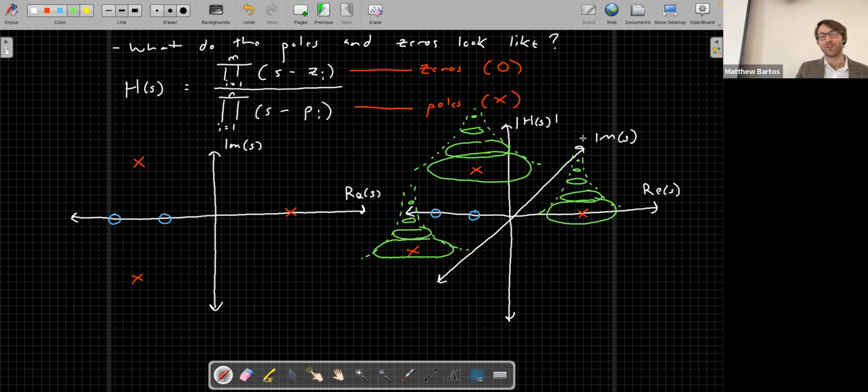So if we are thinking about this transfer function as this terrain map, at the poles, that's where the terrain creates mountains up to infinity, and the zeros are the location where the terrain goes down to zero.